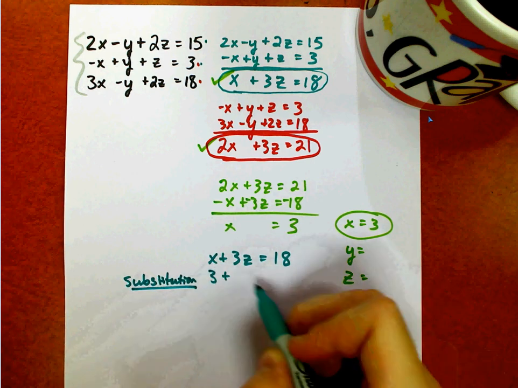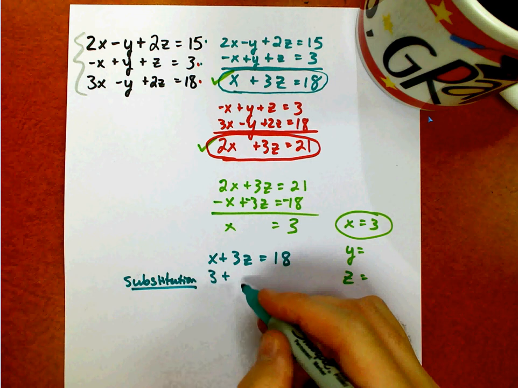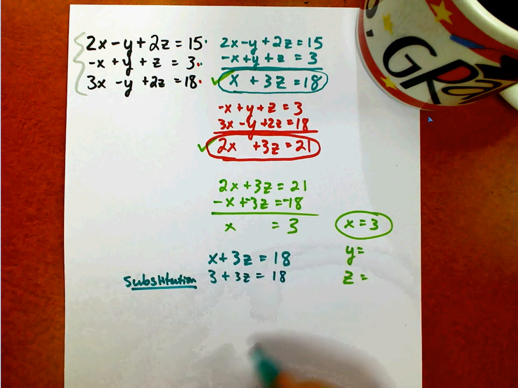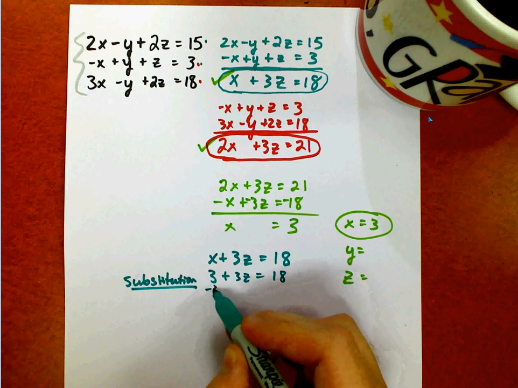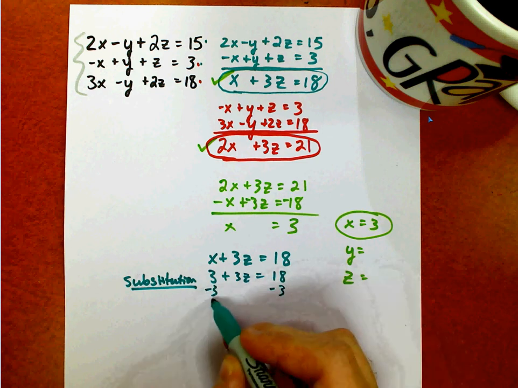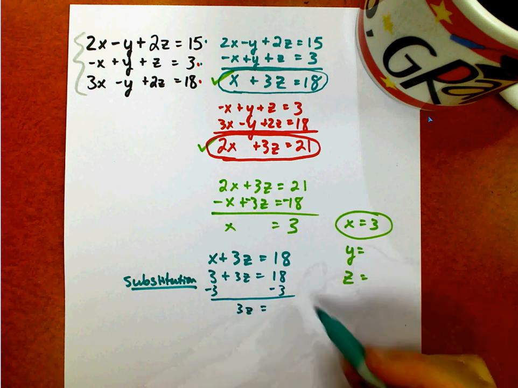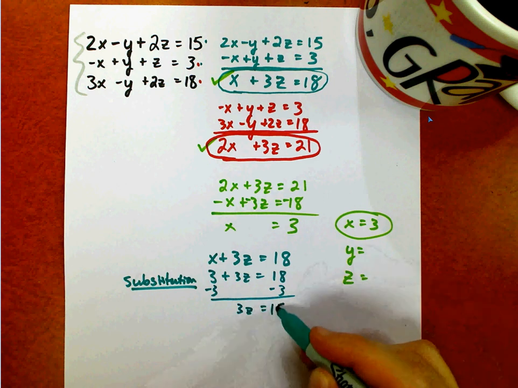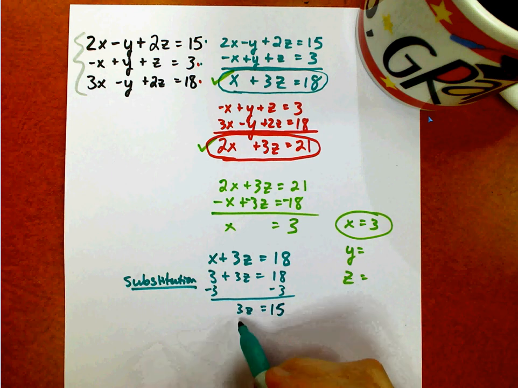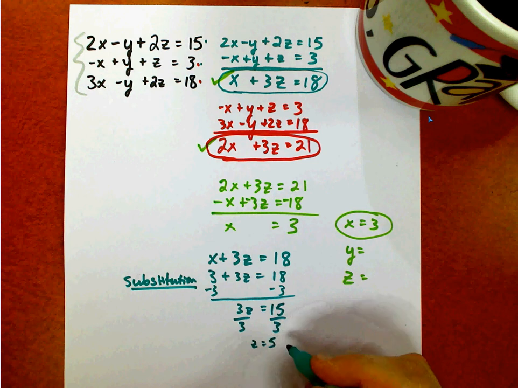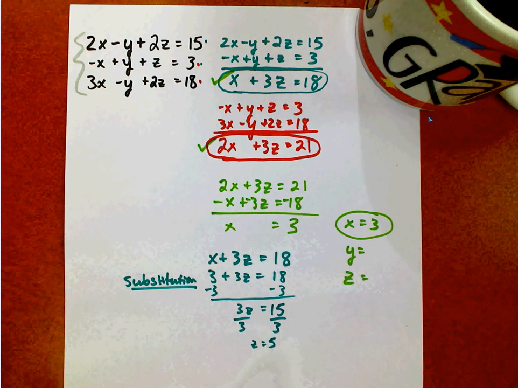By substitution, I've got 3 plus 3z is equal to 18. Now I can just solve for z by subtracting 3 from each side. We've got 3z is equal to 15. Divide both sides by 3. And z is equal to, you guessed it, 5. Right on.